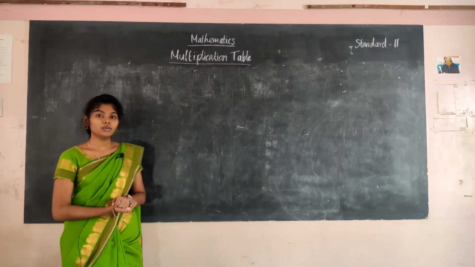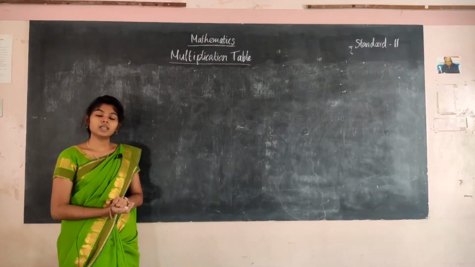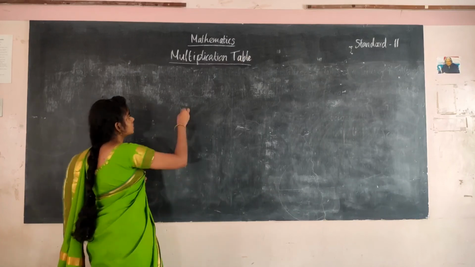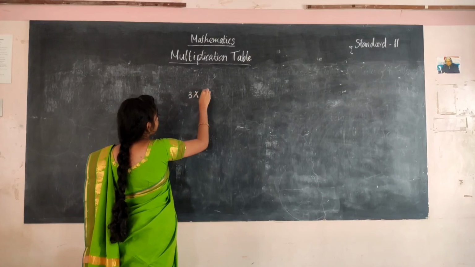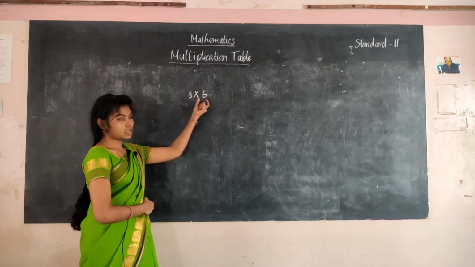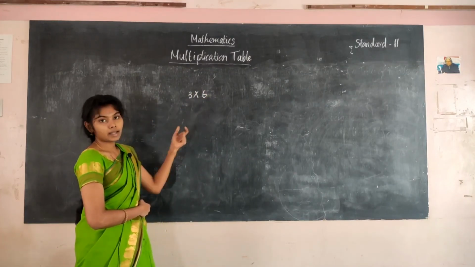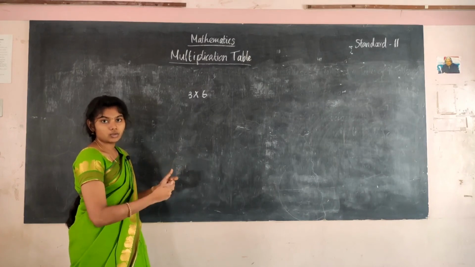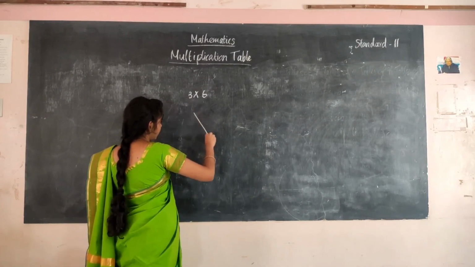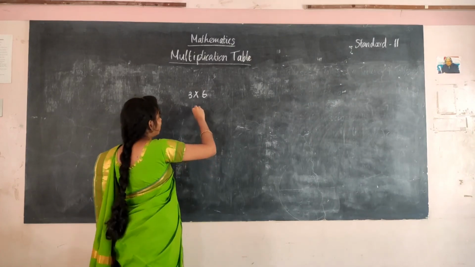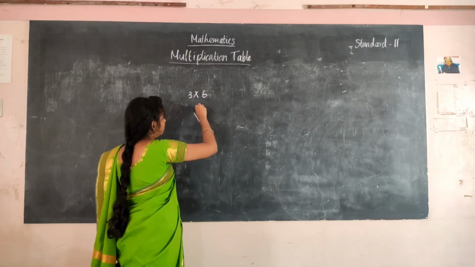So now I am going to teach you the multiplication by using lines. So this is the number 3 cross 6. So 3 6s are. You are going to find that answer by using the lines I am going to teach you now. So 3 means just draw 3 lines like this in a crossed way. 1, 2, 3.